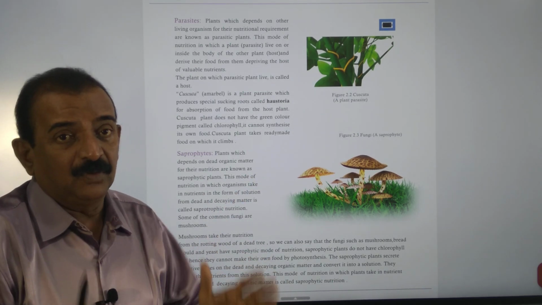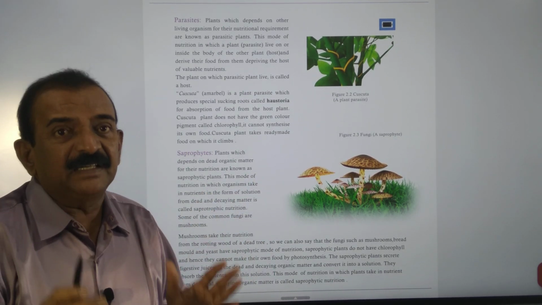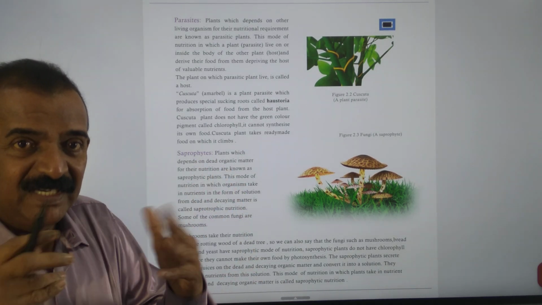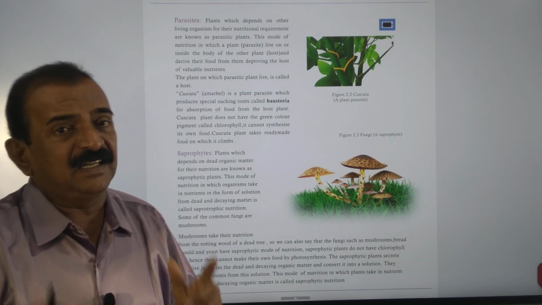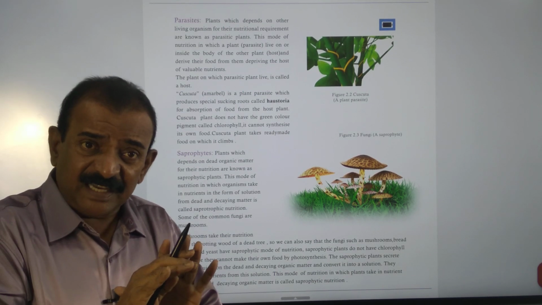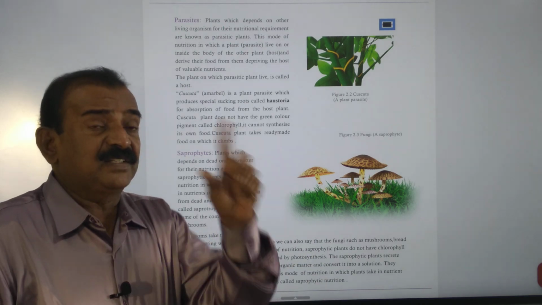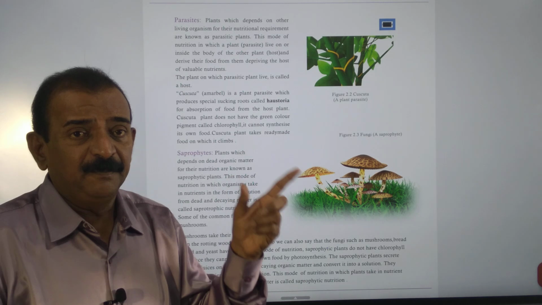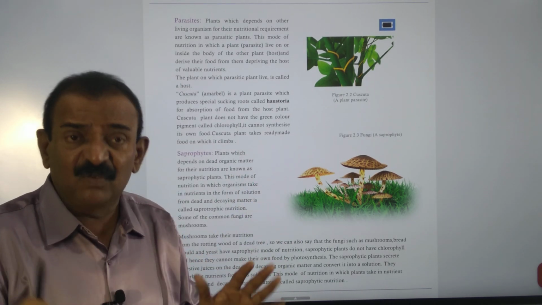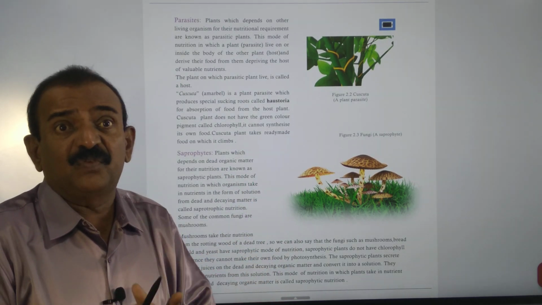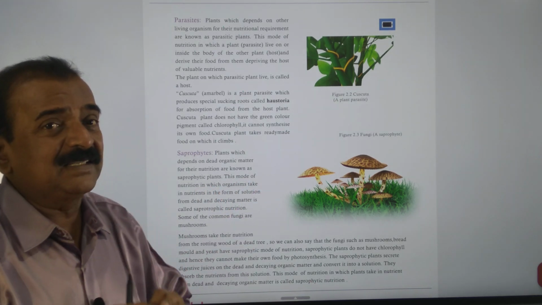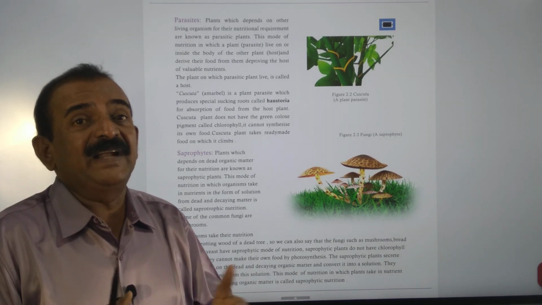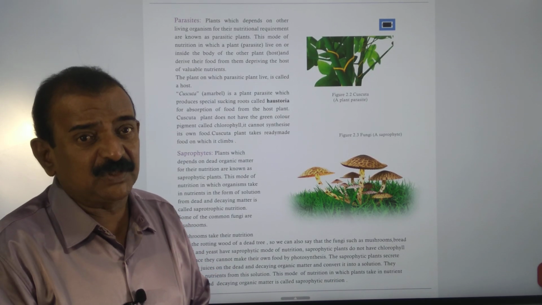So here we discussed complete information about parasitic nutrition. We discussed a plant called Cuscuta, and it is a twining plant, and it twines around a host plant. It is a climber, and its leaves do not have chlorophyll, chlorophyll pigments are absent, and this plant does not perform photosynthesis, and it depends on other plants for food.